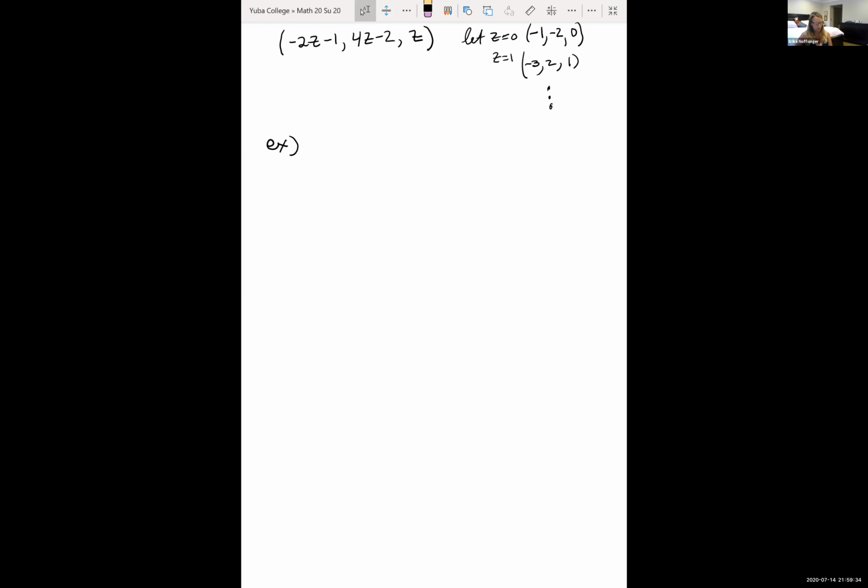Okay, so they want to know, and usually this kind of clues you in on which ones to choose as the variables. It wants to know how many servings of each food. And so we can have X equal the number of servings of pork chops.